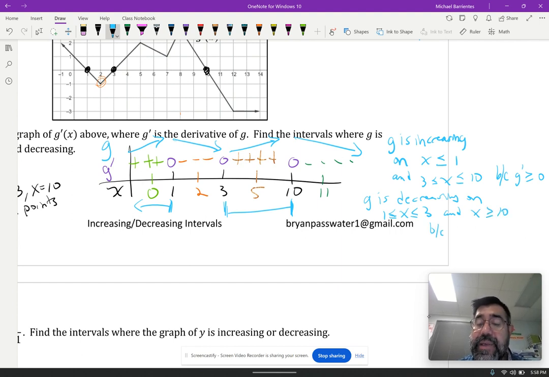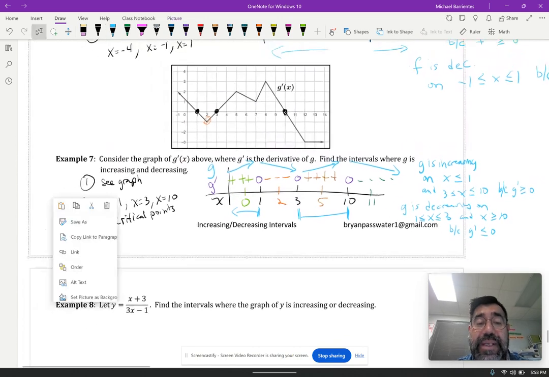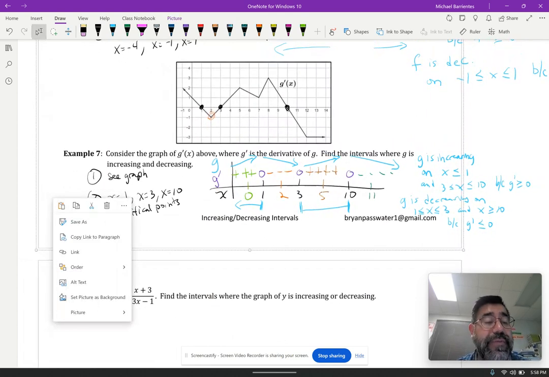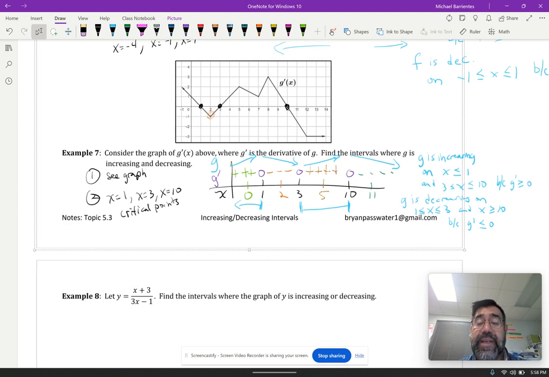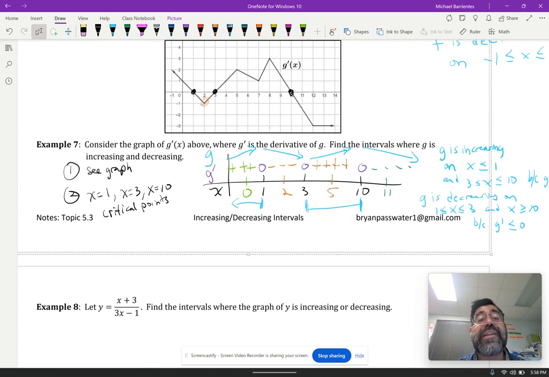And I know that because that's where the derivative is less than or equal to 0. I can predict what the graph of the original function is doing, even though I don't have the equation of the original graph, but all I have is the derivative graph. I can figure this out. And you can too. And that's what we're going to be practicing on the next time that I see you.